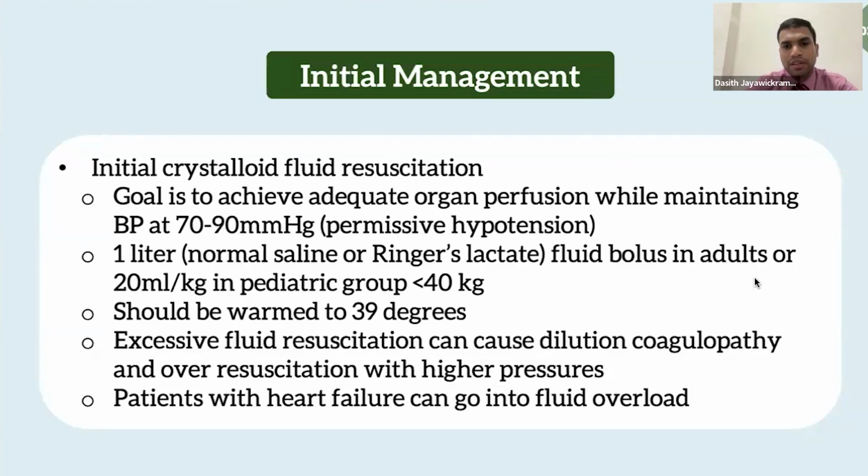Why are we doing that? We keep it at this level so there's adequate organ perfusion while trying not to increase the blood pressure further. Because if we increase the blood pressure to a higher level, the clots that have already formed at points of bleeding might pop out.